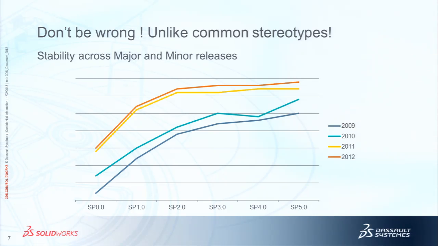It shows that in SP0 and SP1, maybe that's not the best ever, but everything needs to be balanced, because SP0 may be good enough. We are talking about MTBF, mean time between failures, so the time you can run SolidWorks until a problem occurs. In that case, you actually see that an SP2 is more or less as stable as an SP5 with the new version of SolidWorks.